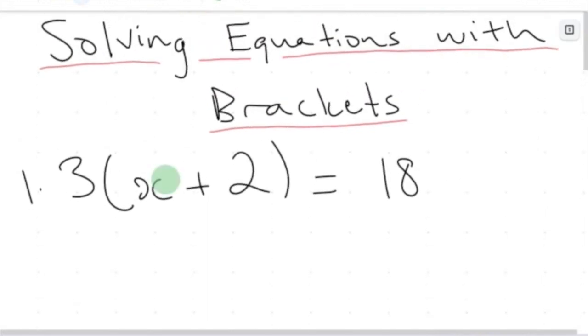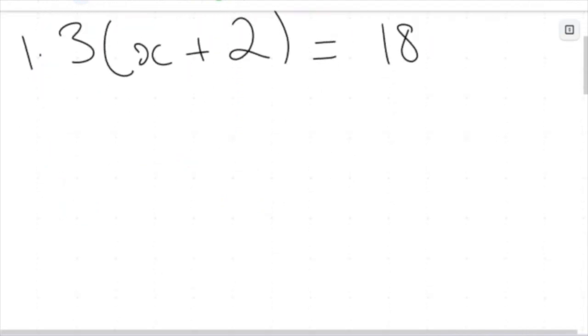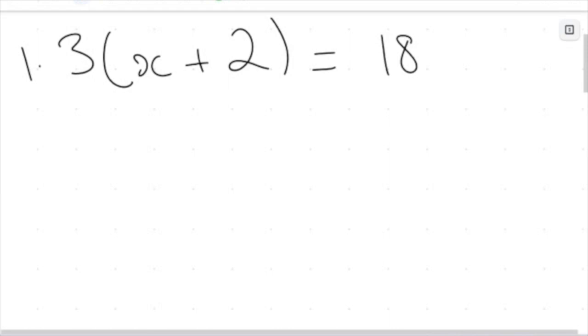If I first started with my x, then I added 2, then I multiplied all of that by 3, the very last thing I did to my x was multiplying it by 3.